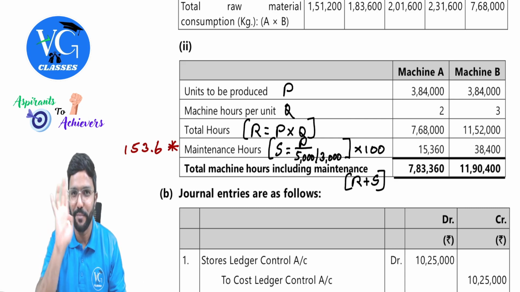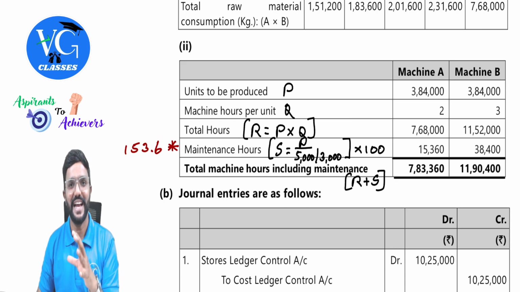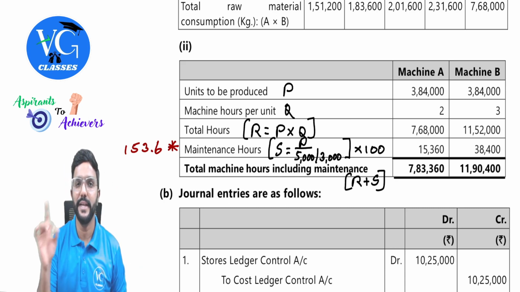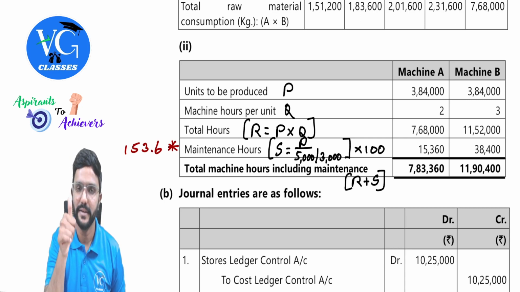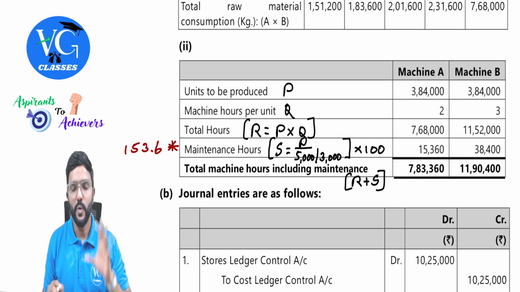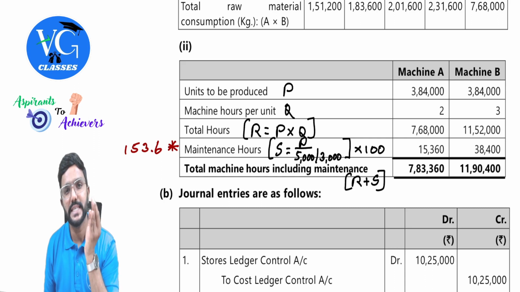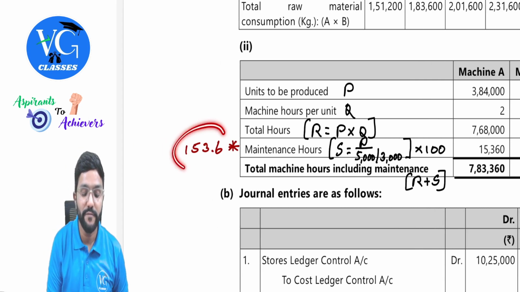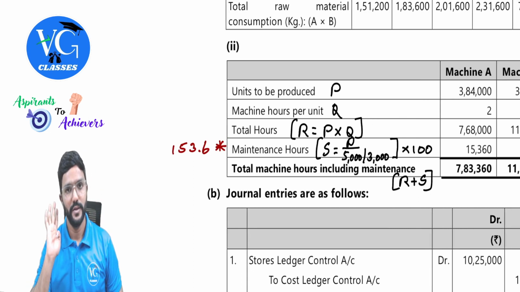Correct, people? I repeat. See, machine A, as and when it works for 5,000 hours, we do the maintenance for 100 hours. So when the machine completes 7,65,000 hours, we would have done the maintenance for the 153rd time.